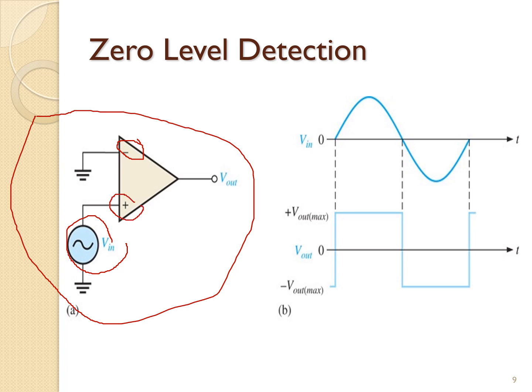Because of high open loop voltage gain, a very small difference voltage between the two inputs drives the amplifier into saturation, causing the output voltage to go to its limits. Figure B shows the result of the sinusoidal input voltage Vin applied to the non-inverting input of the zero-level detector. When the sine wave is positive, the output is at the maximum positive level.